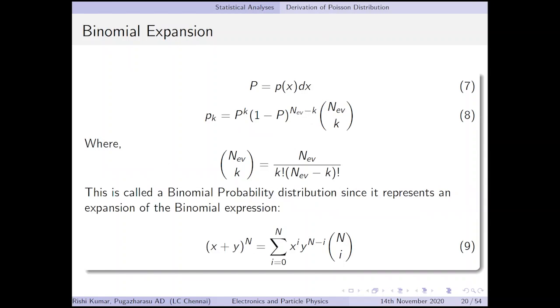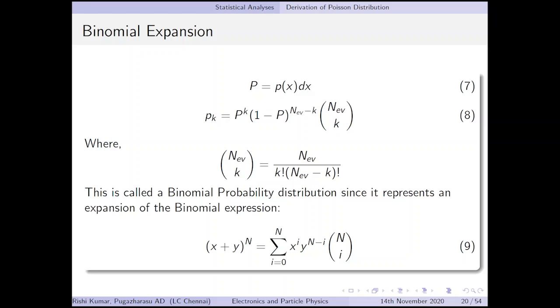And this is again a small refresher into our binomial expansion, which we again use for our statistical analysis. We know the binomial expansion is P(k) equals p to the power k, into 1 minus p, where p is the probability, to the power NEV minus k, NEV being the number of events, into NEV choose k. It is just convention that we write it as NEV over k. We know that NEV choose k is the number of events factorial, divided by k factorial into the number of events minus k whole factorial.